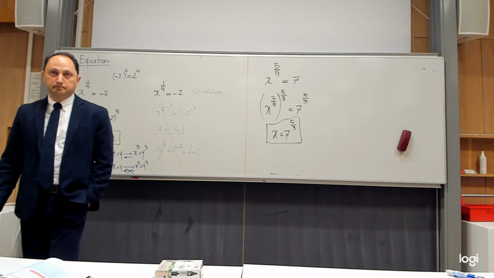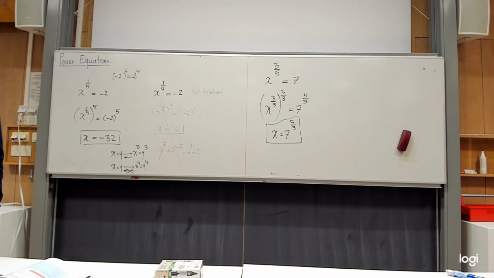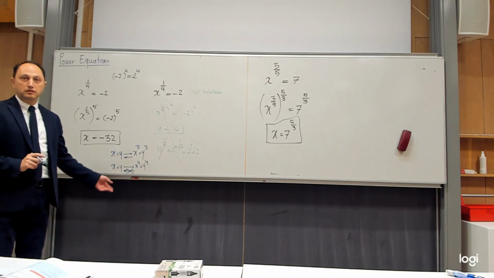But how would we avoid falling into the trap of the other problem, with x to the power 1 over 4 equal to negative 2? Whenever it comes to raising even powers, you need to be careful. Exactly.